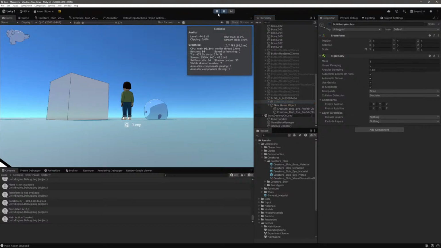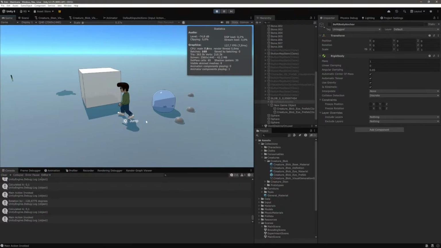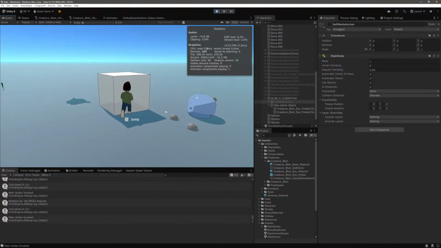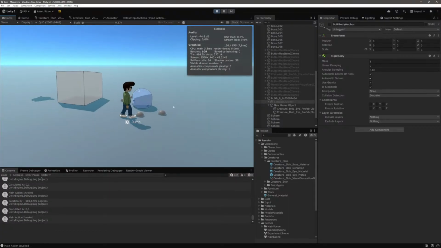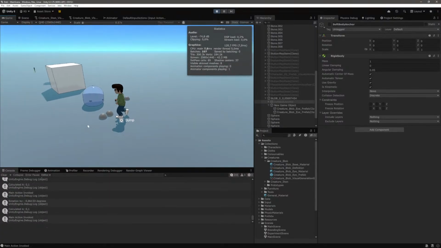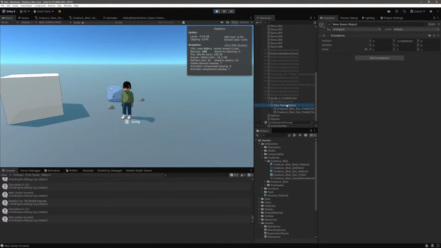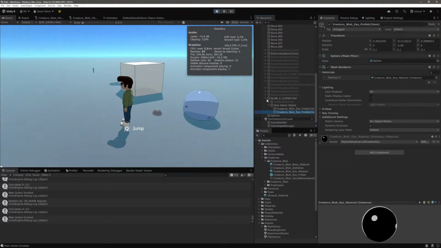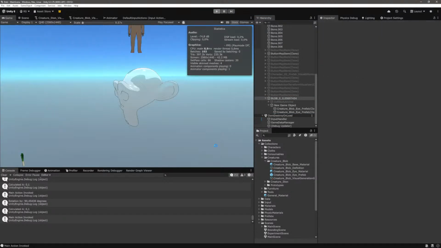And let's just disable this, see what we have. Okay, let's do it like this.